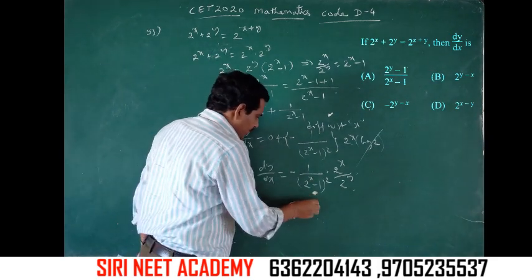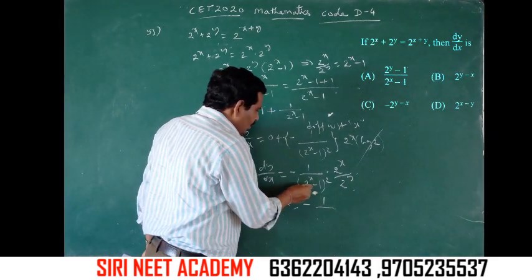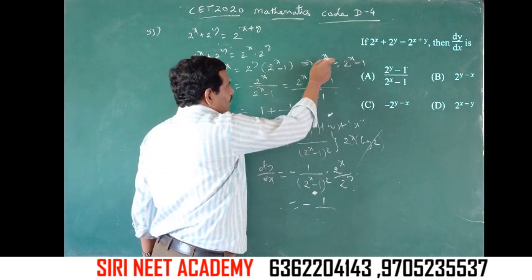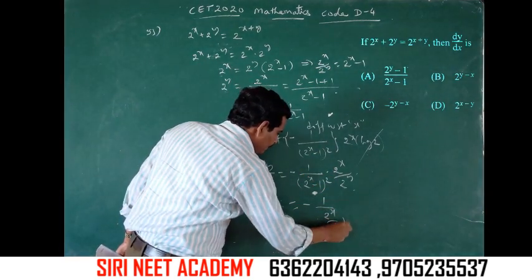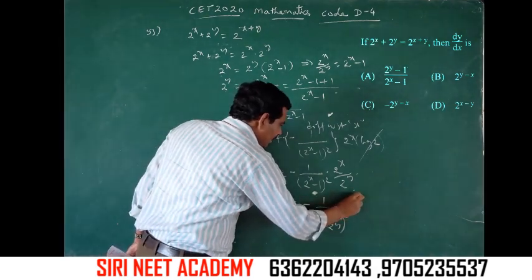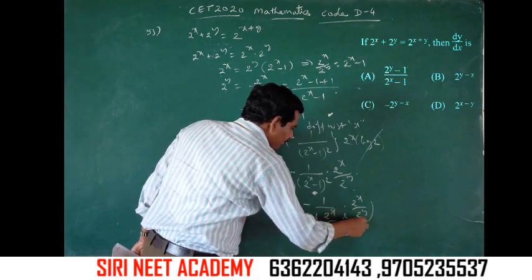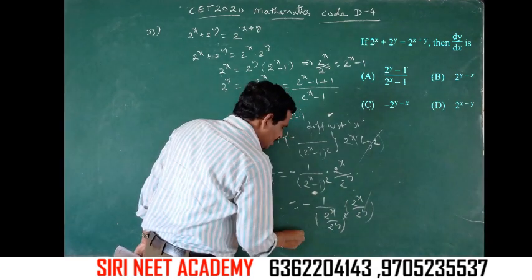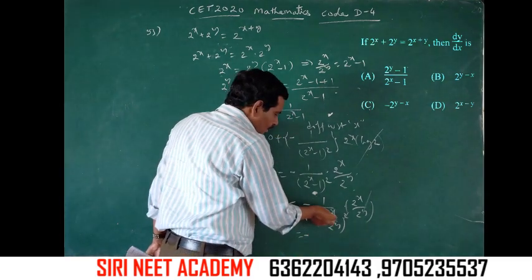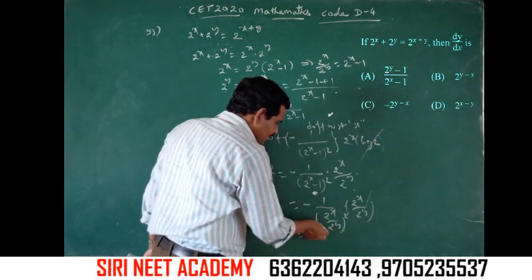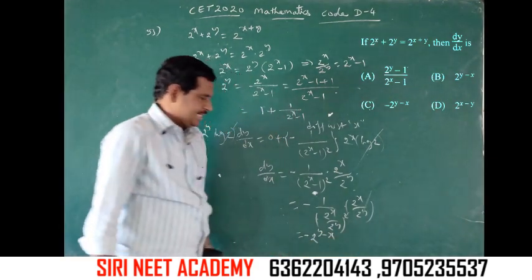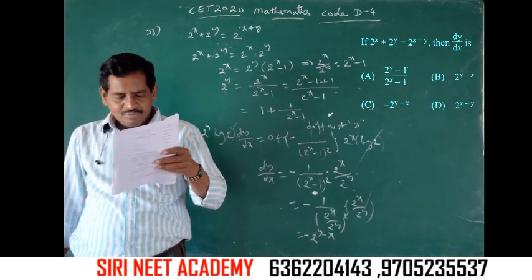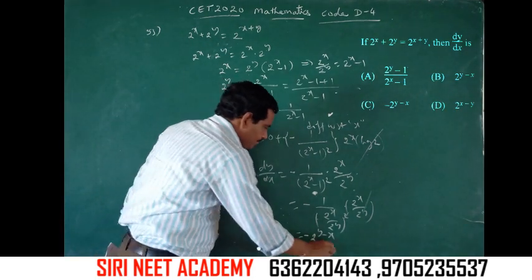So substitute here, 1 by 2 power x minus 1 means 2 power x by 2 power y whole square. Here 2 power x by 2 power y, cancel whole square in this one. Minus 2 power x by 2 power y is 2 power x minus y, by numerator 2 power y minus x. It is given in option C.